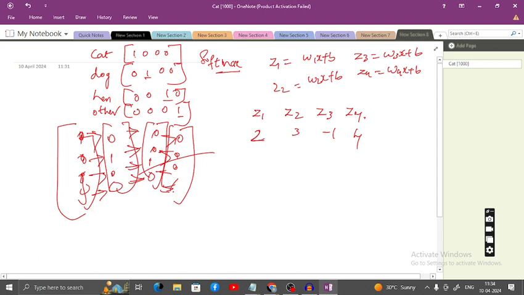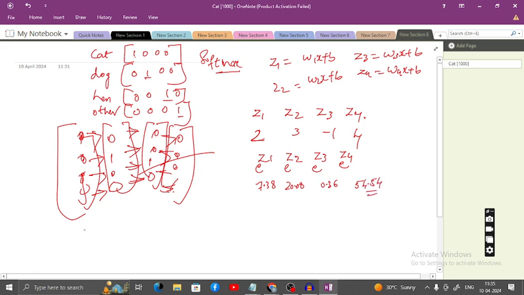Now you see e power z1, e power z2, e power z3, e power z4. I have assumed exponential to the power of 2, which is 7.38, exponential to the power of 3, which is 20.08, then 1 by e power 1, which is 0.36, and for 4, 54.5.